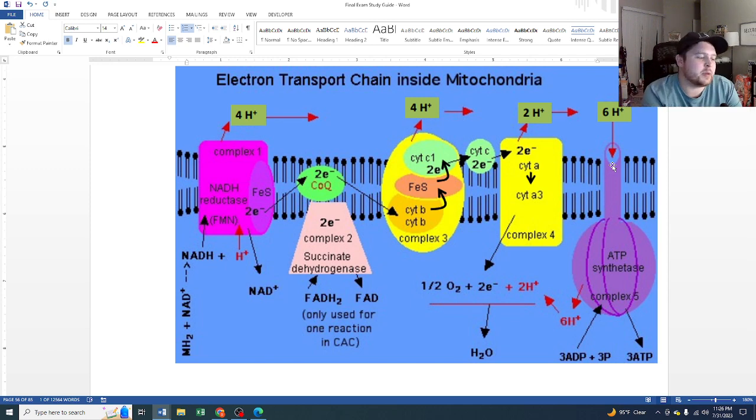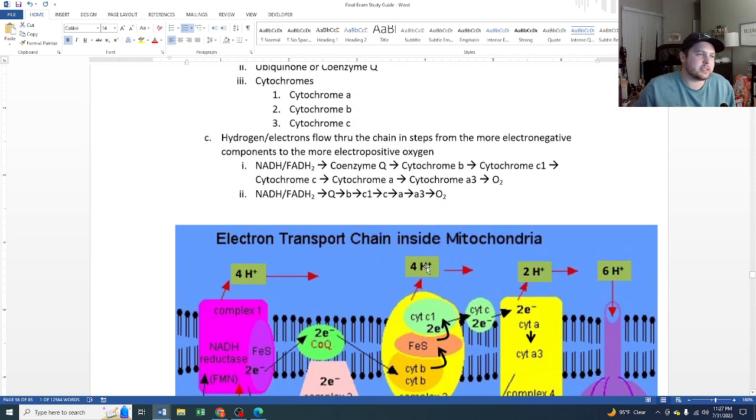And as it spins, it converts the electrochemical energy into movement energy, and then that movement energy is used to take ADP and inorganic phosphates and combine them to create the bond to form ATP. And that's all the electron transport chain. It seems like a lot of steps, but once you go through it a couple of times, it's not as bad as you think.